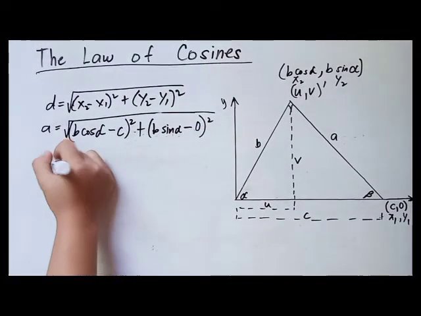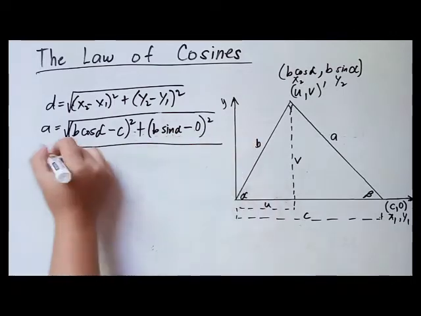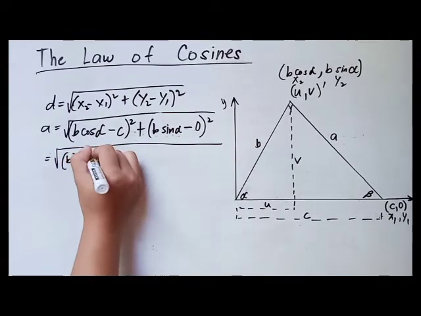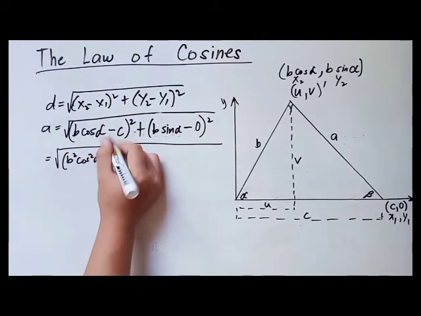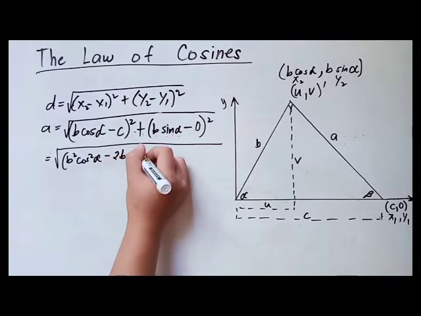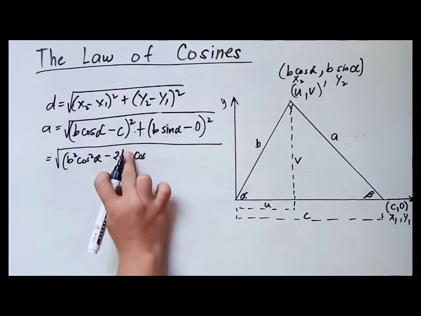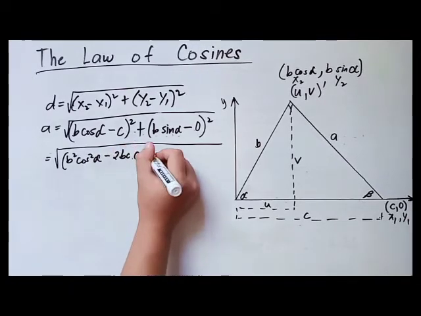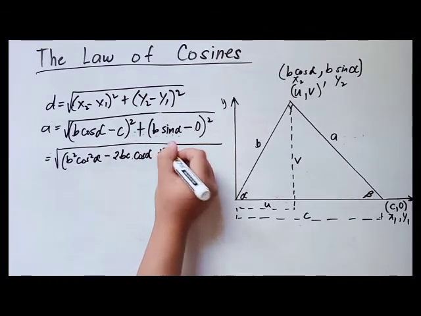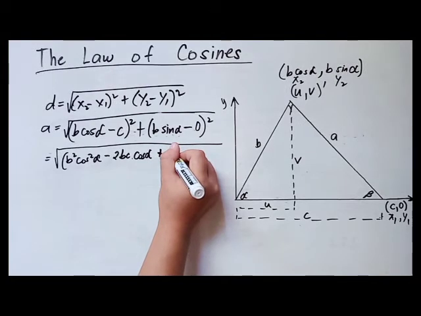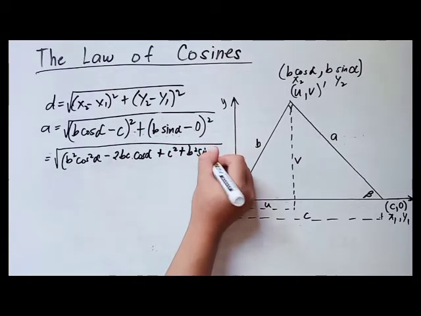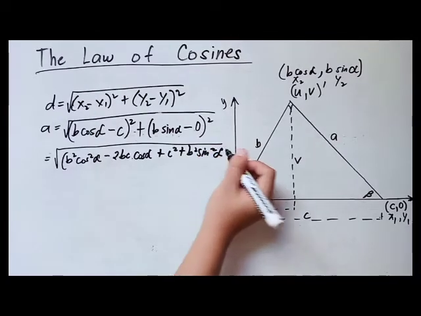So that is equal to the square root of b squared cosine squared alpha minus 2bc cosine alpha plus c squared plus b squared sine squared alpha.